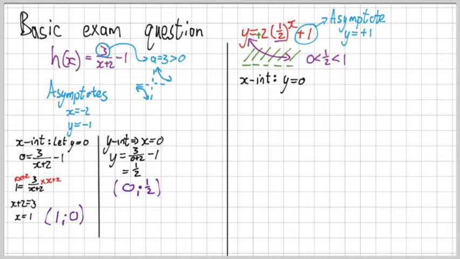But let's go on. The x-intercept: if I make y equal to 0, and I'm trying to isolate my half to the power of x, I'm sitting with a half to the x equal to negative a half. Now that is impossible because a half to the power of anything remains a positive answer.